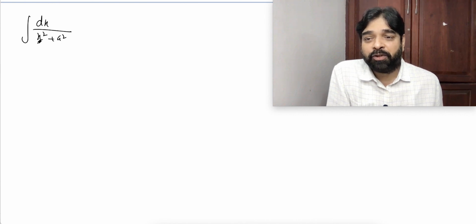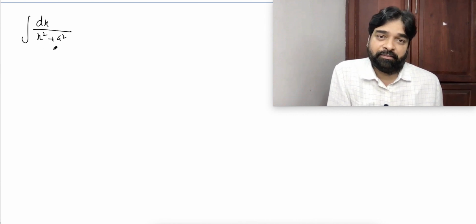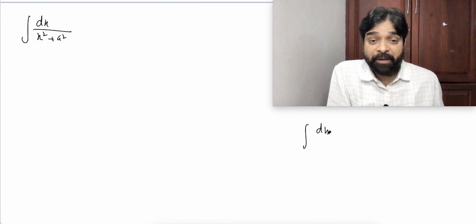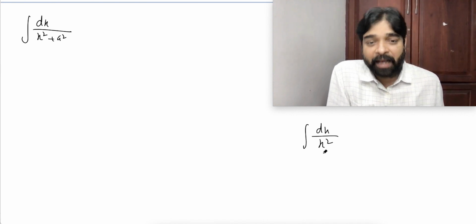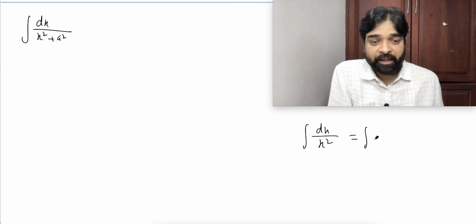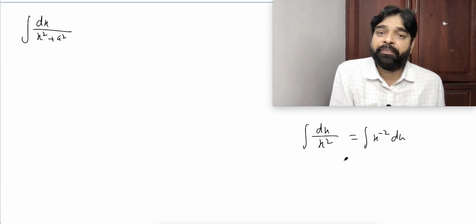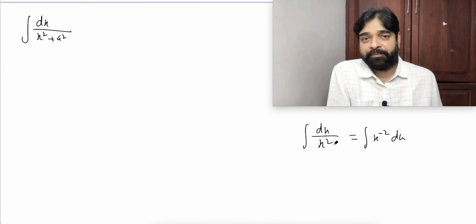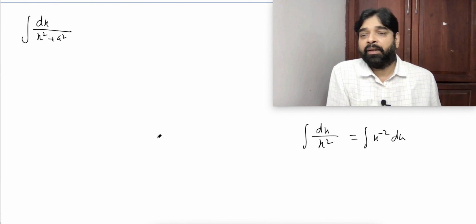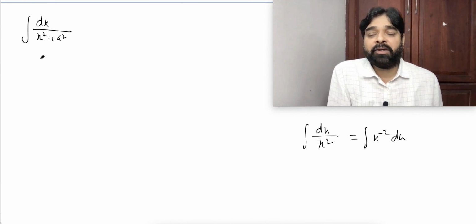So why should we not convert these two into a single function? Because if I have this integration I can solve it. This is also quadratic, but I can solve it because I can write x power minus 2 dx, a single variable power. That is why we will try to do substitution.